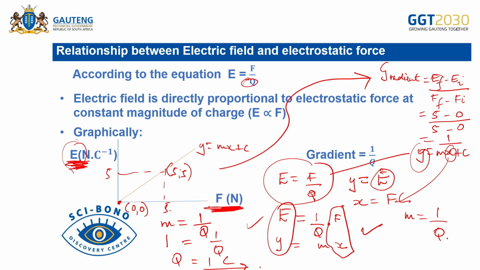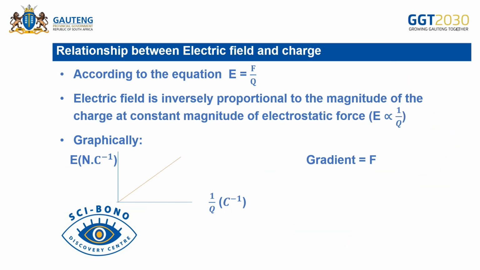So this is how actually you need to interpret your graphs, okay. Then another thing, still on this, right? The relationship now between E and Q. E and Q, they are inversely proportional in this case, right? But E and the inverse of Q, right?